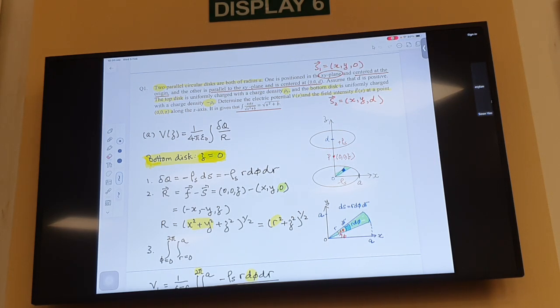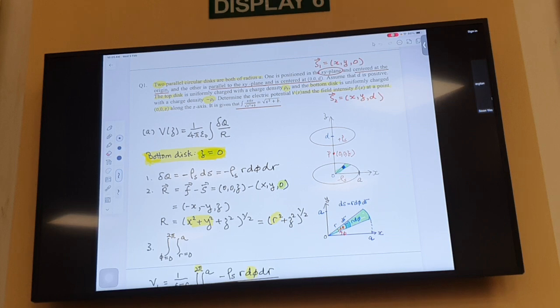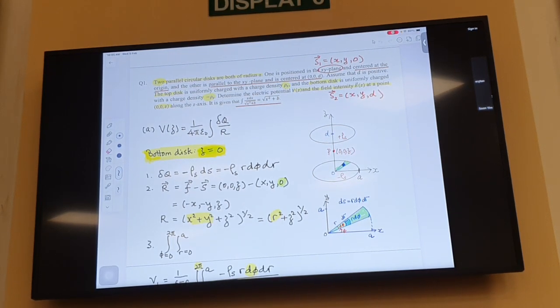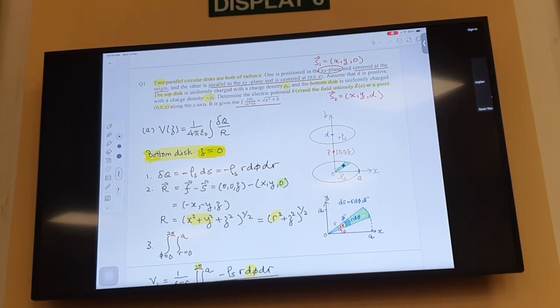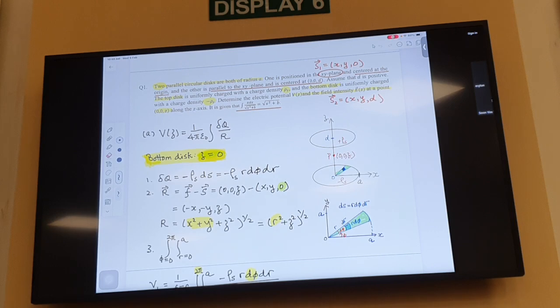When you have this r here, and this is d phi, this arc length is r d phi. Along a circle, when phi becomes 2 pi, the circumference is 2 pi r, so it is directly proportional to the angle. So this arc length is r d phi, and your area becomes r d phi dr.